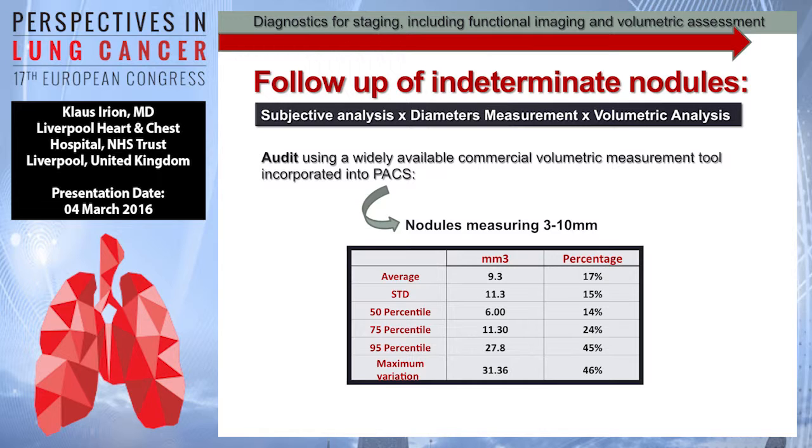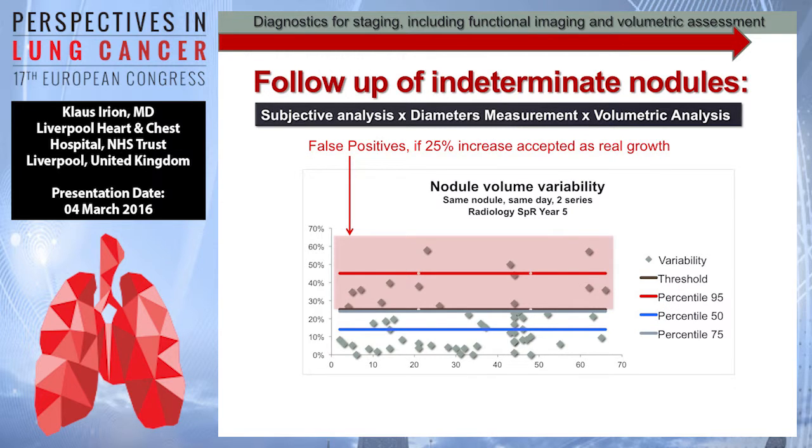And this recommendation of the BTS guidelines of 25% increase in volume as the threshold between stable or growth is at the 75th percentile of our variability in the same examination. In this situation, if you look, this is the threshold for growth in volumetry, 25%, which is around the same 75th percentile.